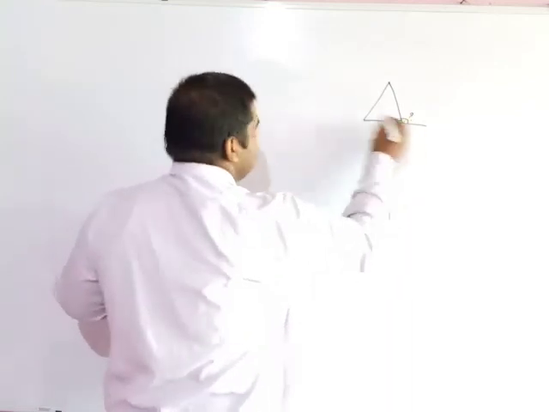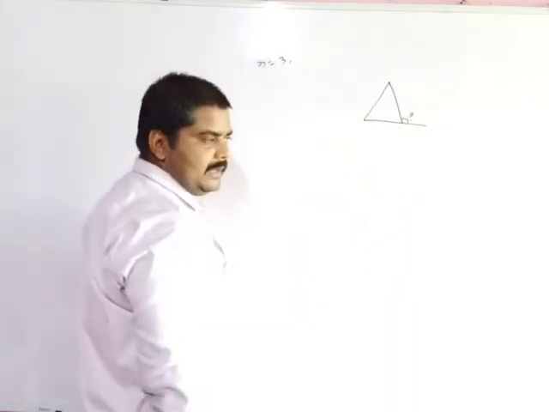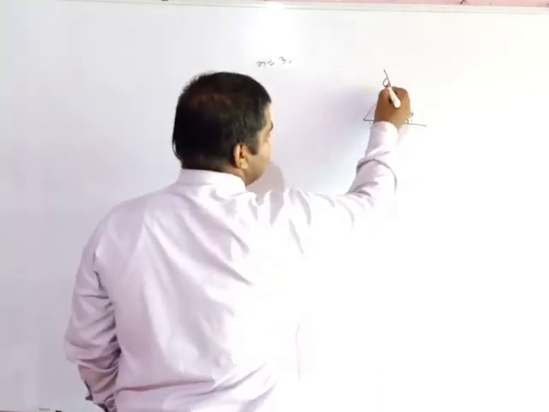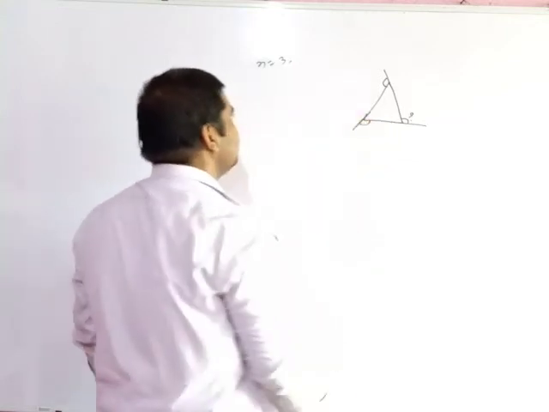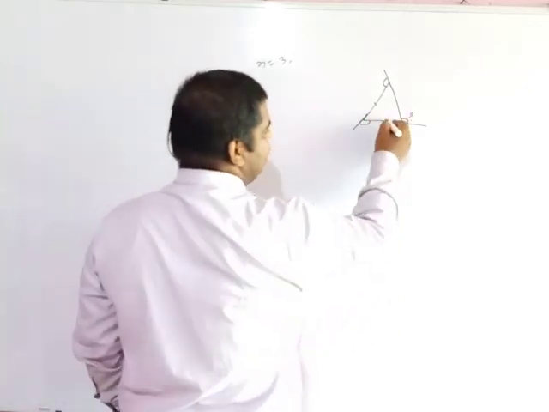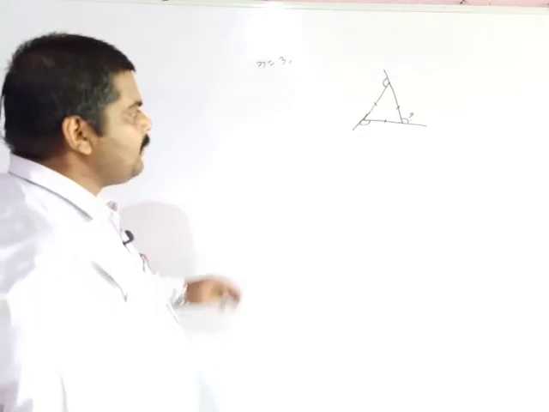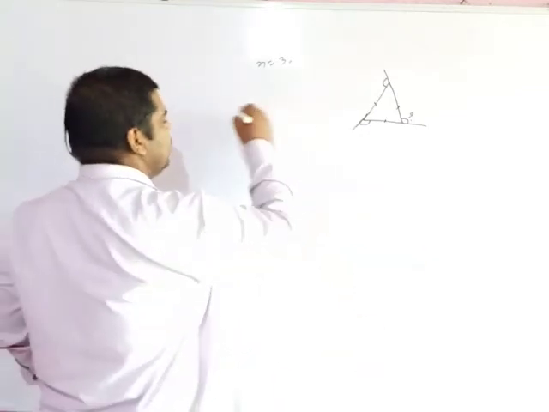If n is equal to 3, in case of a triangle, you have to find each exterior angle. What will be each exterior angle? If it is given as a regular triangle, then you can apply a different technique.